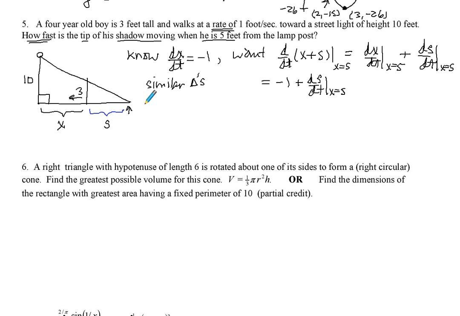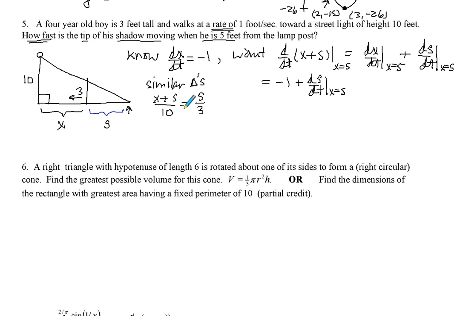Well, actually, it looks like it would be a little bit easier to do base to height. So we know x plus s, the base of the big triangle, over 10 is going to equal base to height for the small triangle, s over 3.